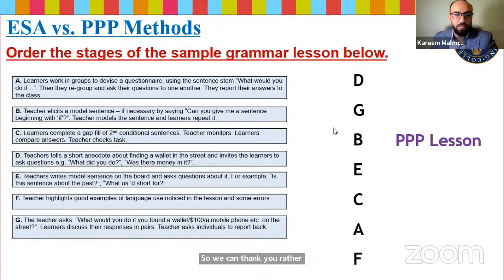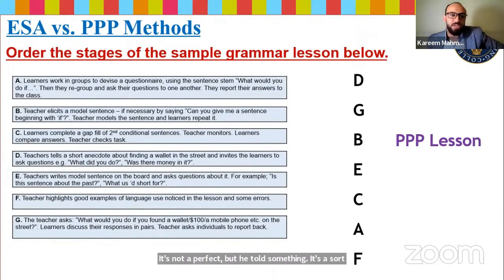So scene number 3 is not in the proper order. So look at these stages in that particular order. Eventually he told an anecdote. It's not a personal anecdote, but it's a sort of narrative.